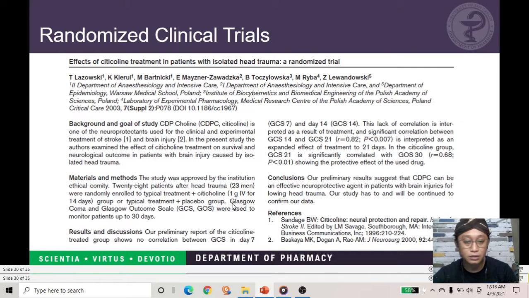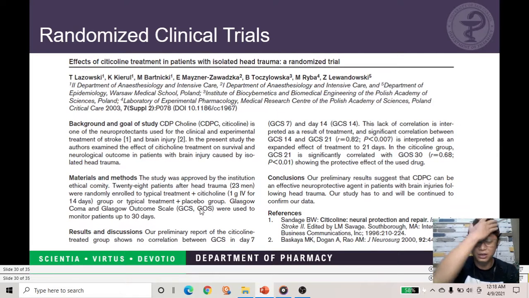And then they compare the outcome. They observe the Glasgow Coma Scale and Glasgow Outcome Scale, GCS and GOS, after 30 days.